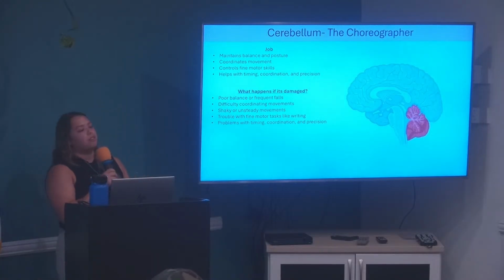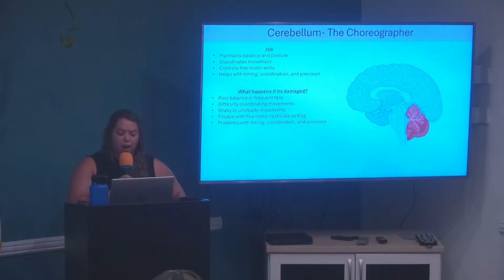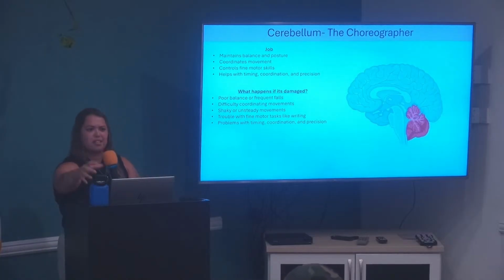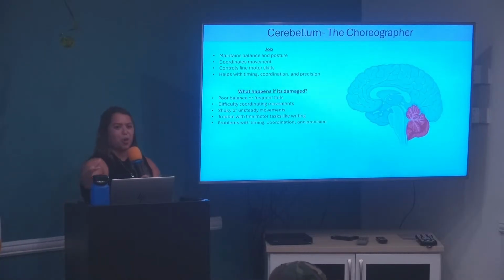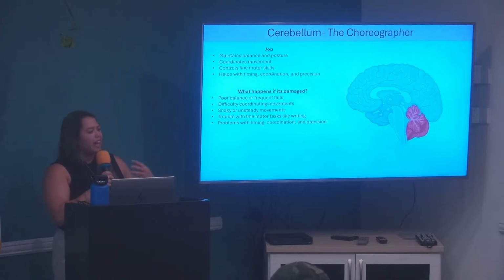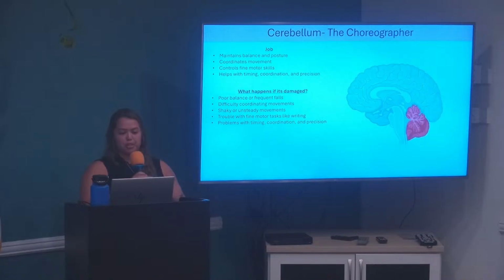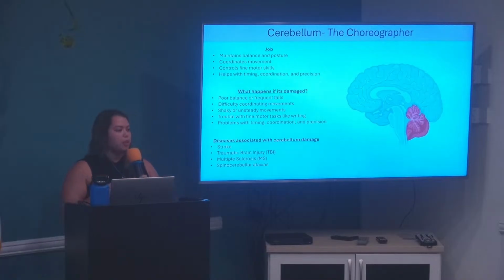So if you fall and knock your head back, there are times where you can feel a little off balance, where you can feel like you can't really grab something as nice and fine as you normally do, right? You can have shaky or unsteady movements, or hesitation in those movements. And this typically happens when you can get a stroke anywhere in your brain.